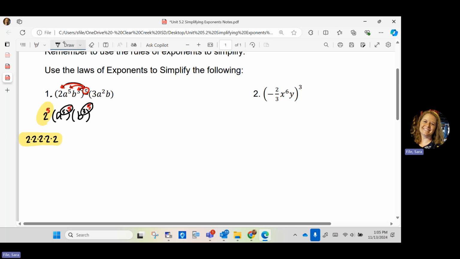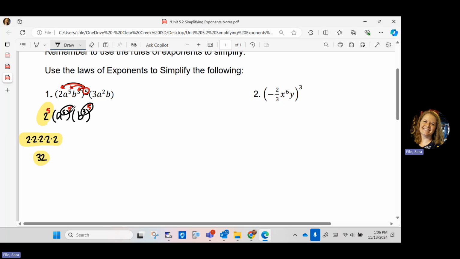Comes out to 32. You can use a calculator, but your 4-function calculator is not going to have the exponent button. You actually have to type in 2 times 2 times 2 times 2 times 2, and that should come out to 32.